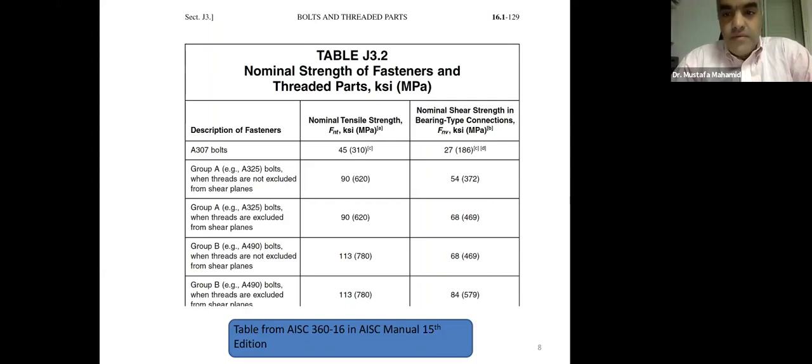So for example, for the shear, Fnv, for Group A bolts when the threads are not excluded, we have 54 ksi. And for Group A when the threads are excluded from the shear plane, we have higher capacity. The threads are not in the shear plane, so we have higher capacity. Okay, so that's for this.